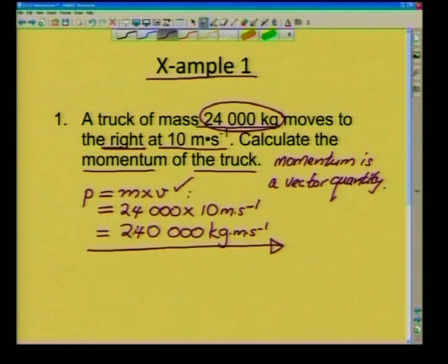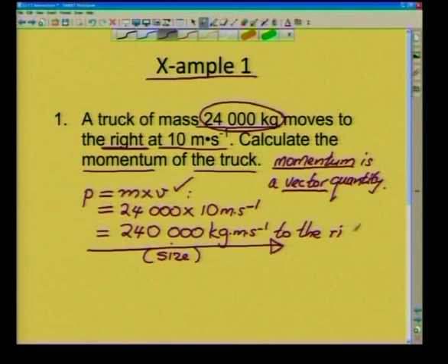Okay. Now, remember, we are saying that momentum is a vector quantity. What we have so far here is the size, how big this momentum is. What is left for us to explain here is direction. Now, where is the direction? They are telling us that the truck is moving to the right. So that becomes your direction.